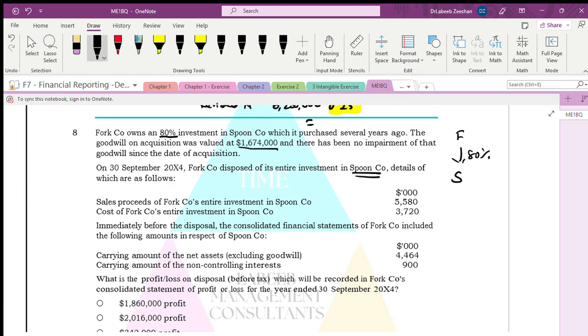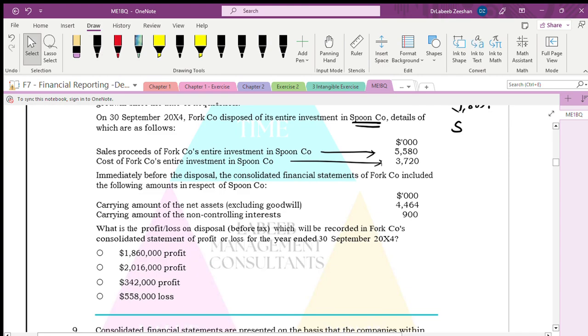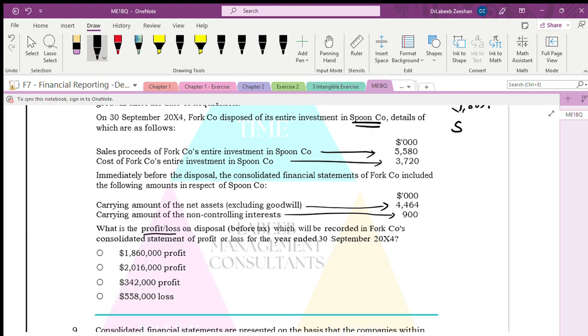Details have been given: the sale proceeds and the cost of the entire investment. Immediately before the disposal, the consolidated financial statements of Ford include the carrying amount of net assets and the carrying amount of NCI. What is the profit or loss on disposal?